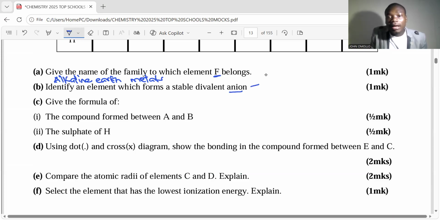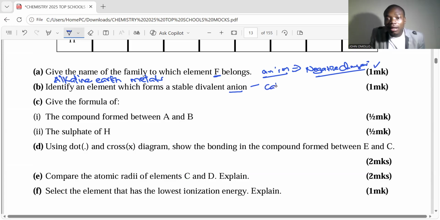Next question: identify an element which forms a stable divalent anion. When you talk about an ion, an anion is negatively charged. The difference between an anion and a cation is that a cation is positively charged.